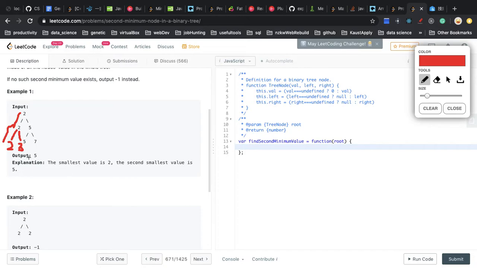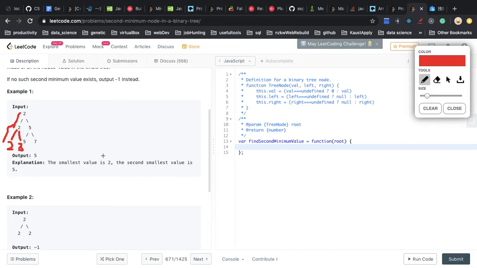So basically there will be two conditions, two possibilities. The first possibility is that we only have one option.